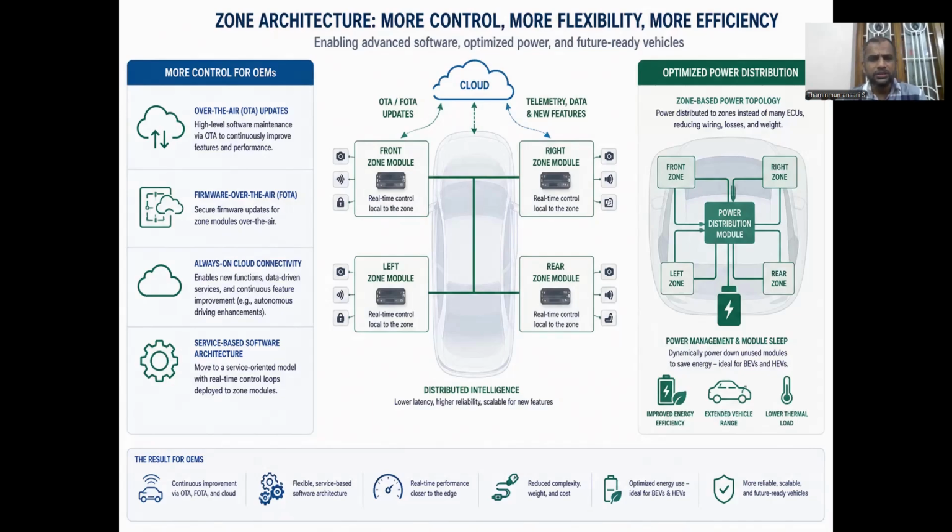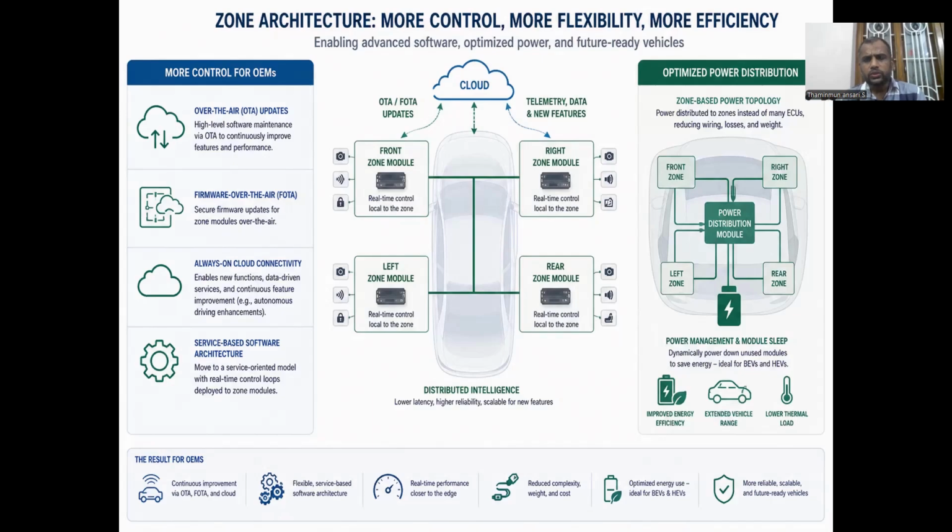Then optimized power distribution. How is optimized power distribution achieved? Here they use something called zone-based power topology. Power is distributed to zones instead of many ECUs, reducing wiring losses and weight.